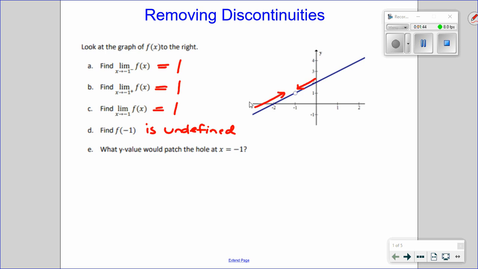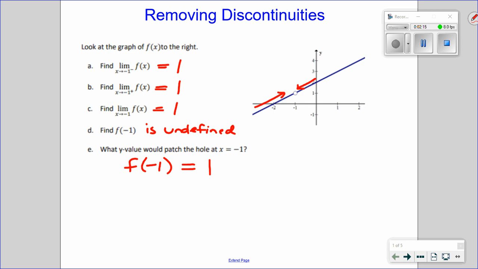If we were able to redefine f of -1, what would it have to equal in order to fill the hole? I hope you're seeing that it would have to equal 1. So if f of -1 equaled 1, then this function would be continuous at x equals -1, and we would have removed the discontinuity.